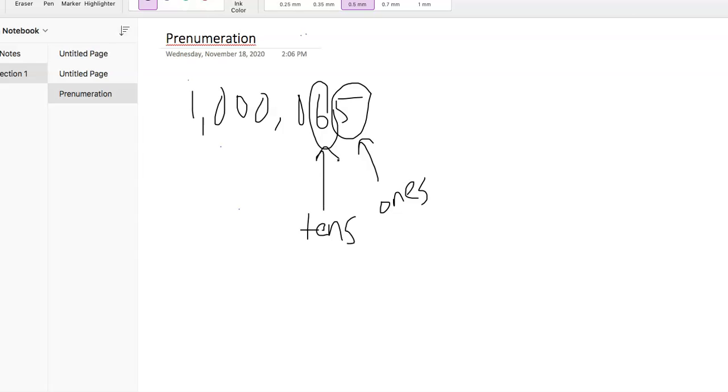So moving to the left, ones, tens, hundreds, thousands. Moving to the right of the decimal, tenths, with a THS at the end, hundredths, and so on. There's place value.